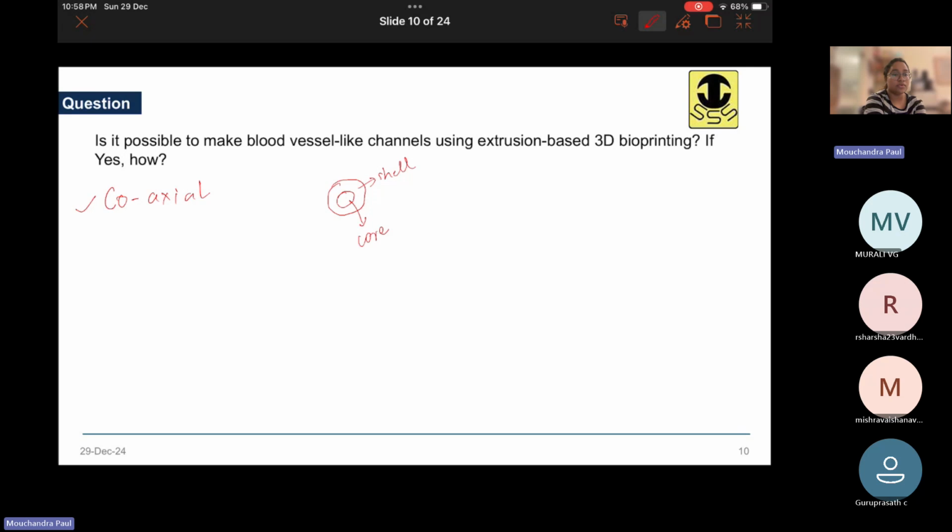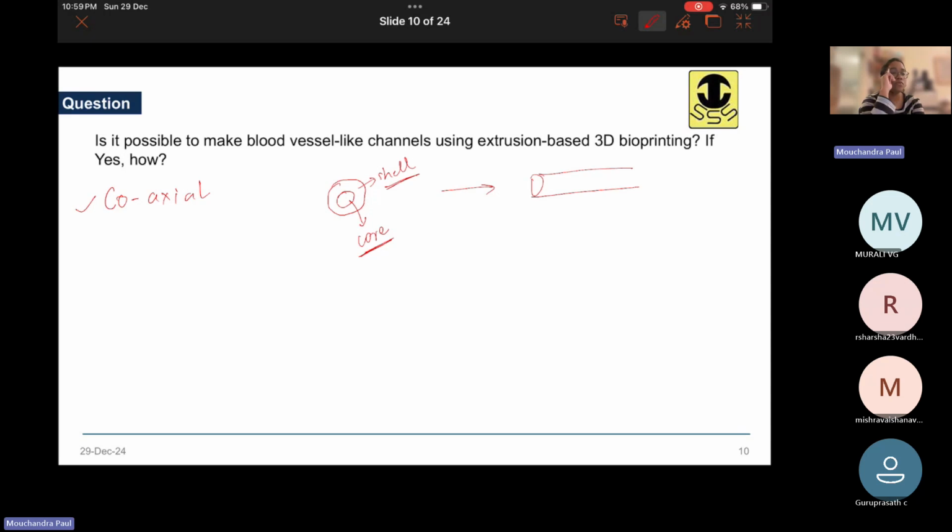Since you can flow two types of biomaterials, one from the core and one from the shell, can you tell me what type of biomaterial should be in the shell and what type should be in the core in order to get a blood vessel-like channel which is hollow inside?